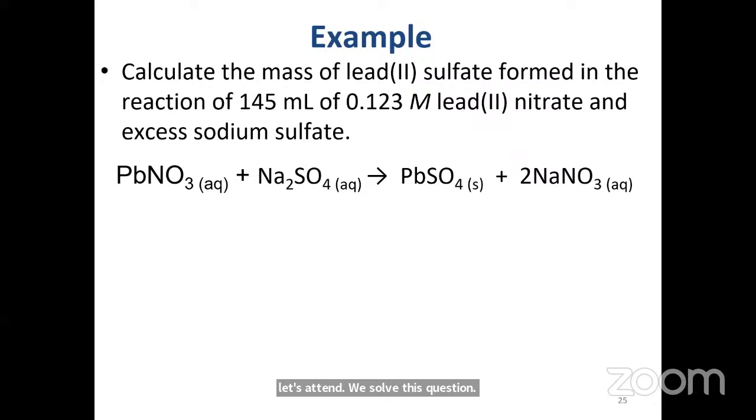The first thing, as we have seen earlier, is that we should write the balanced chemical equation. In this reaction, 1 mole of lead nitrate will react with 1 mole of sodium sulfate to give 1 mole of lead sulfate and 2 moles of sodium nitrate. If we look at this reaction, we will see that it is balanced.